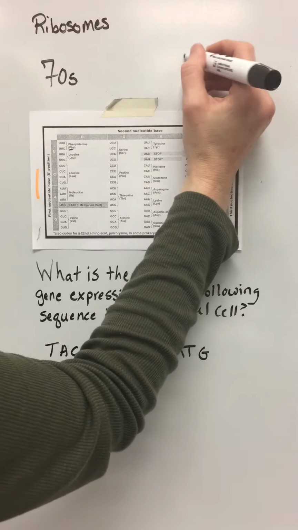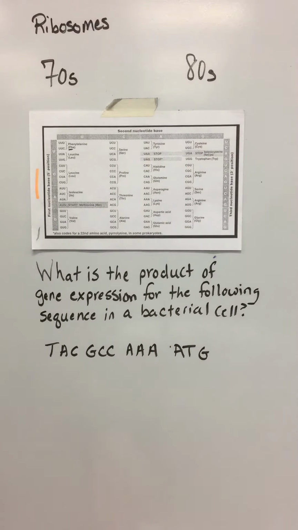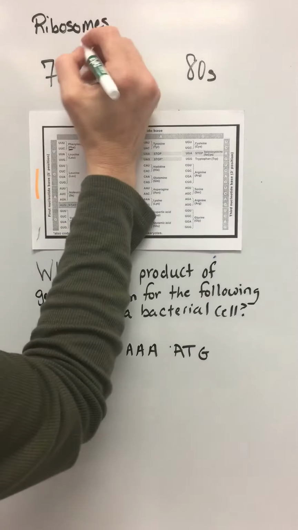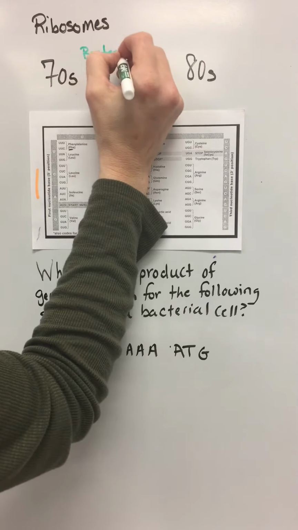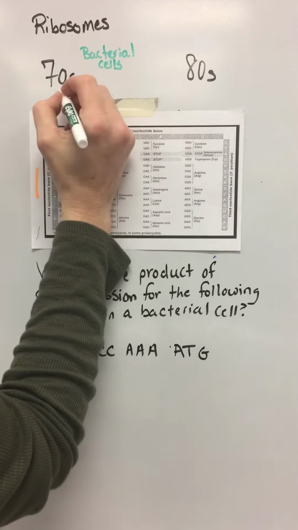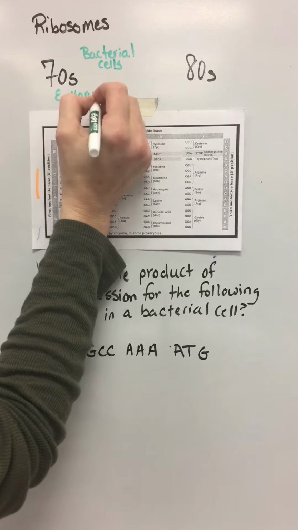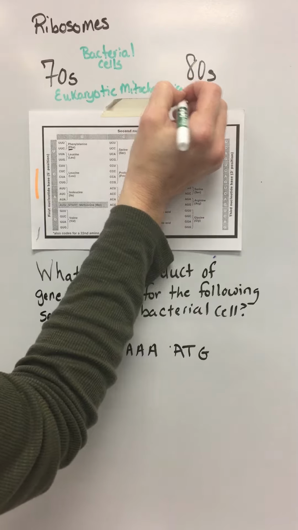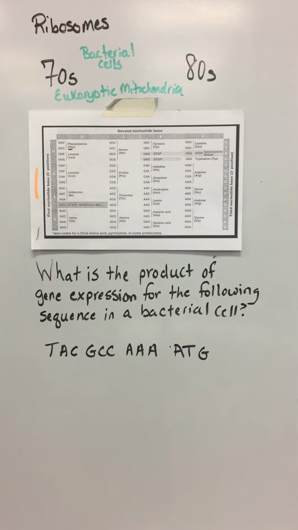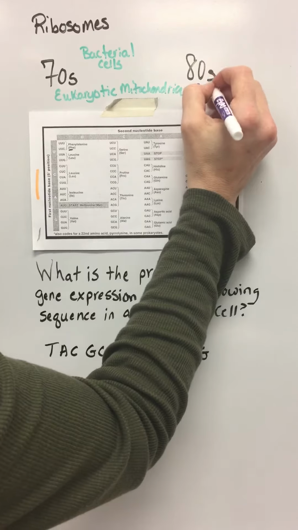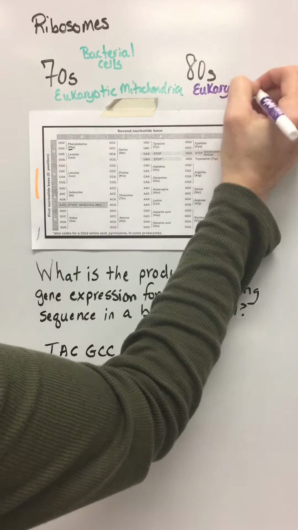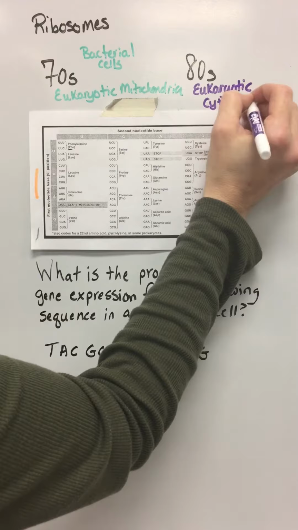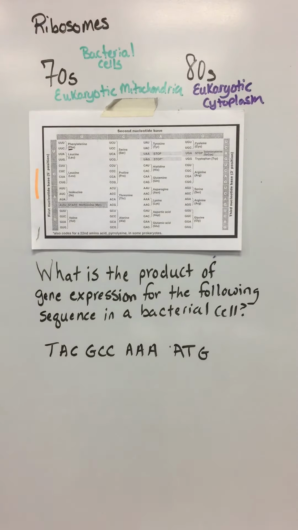They come in a 70S size and an 80S. 70S ribosomes are found in bacterial cells, but they are also found in eukaryotic mitochondria. 80S, on the other hand, are the ribosomes that are found in the eukaryotic cytoplasm. So they're found free floating in the cytoplasm, but they're also found associated with the endoplasmic reticulum that we refer to as the rough endoplasmic reticulum.